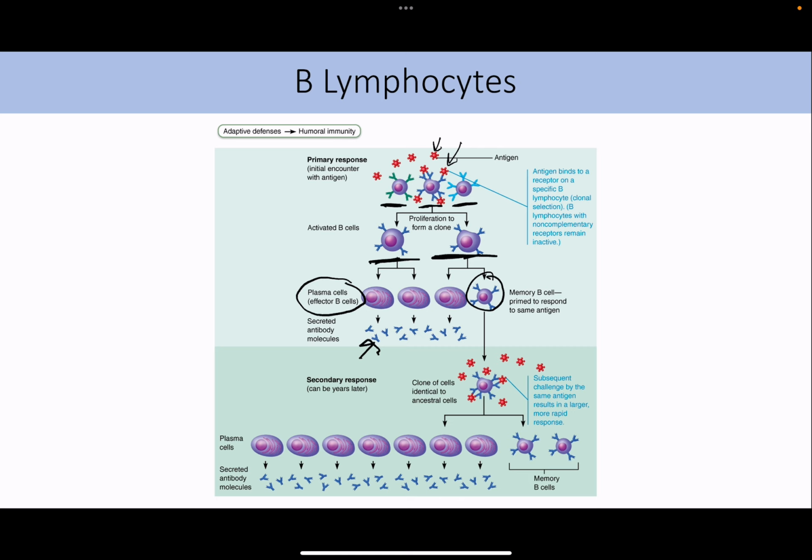So you do produce some antibodies the first time you're exposed to something, but because of these memory cells, if you're exposed again, the response is so much bigger. Even more plasma cells, even more antibodies, and even more memory cells. So if you're exposed a third time, that response is even bigger and bigger every time you're exposed to it again.